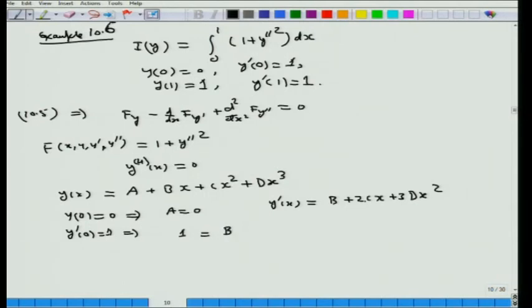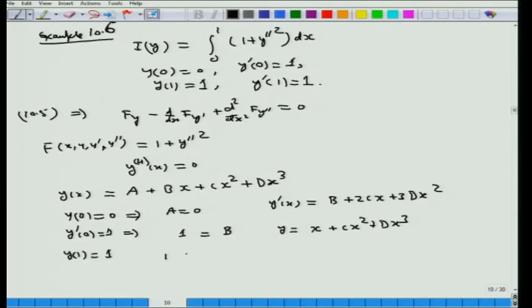So, b is 1, and so now y is x plus c x square plus d x cube. The other condition is that y at 1 is also 1.